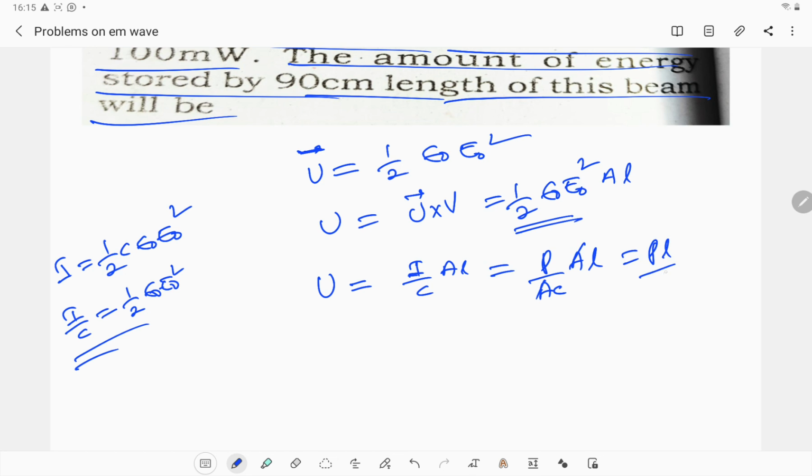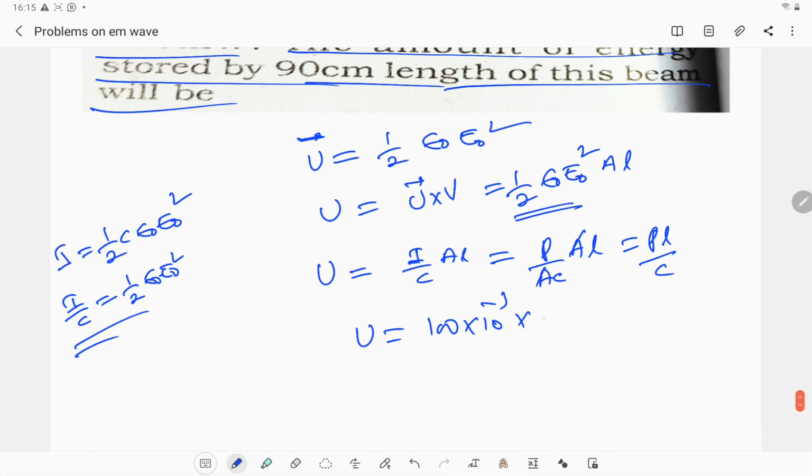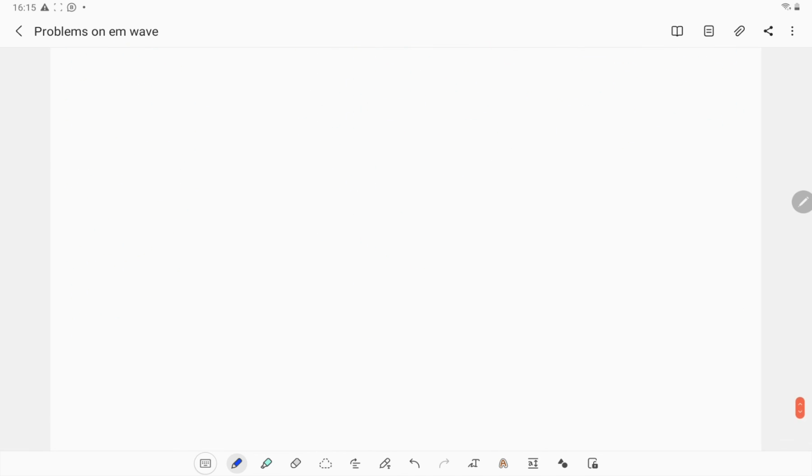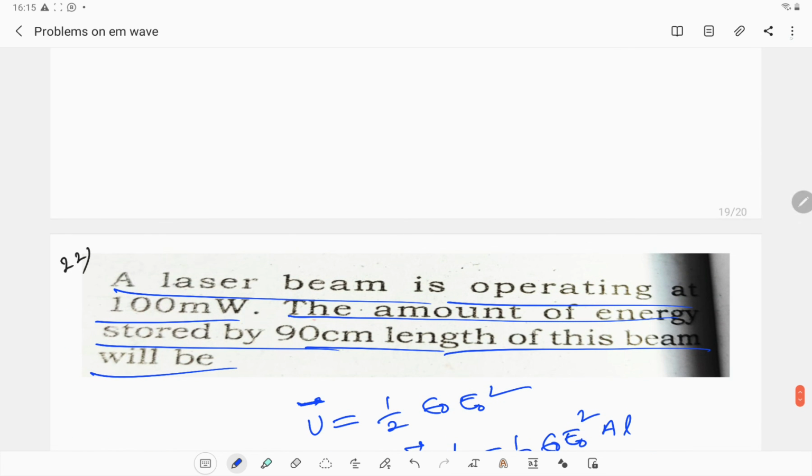This becomes P into L by C. Therefore, P is the power given, 100 milliwatts, 100 into 10 to the power of minus 3. Length is given as 90 centimeter, 90 into 10 to the power of minus 2, by C, which is 3 into 10 to the power of 8. This becomes 3 into 10 to the power of minus 10 joules. Okay, with this we completed the total problem.